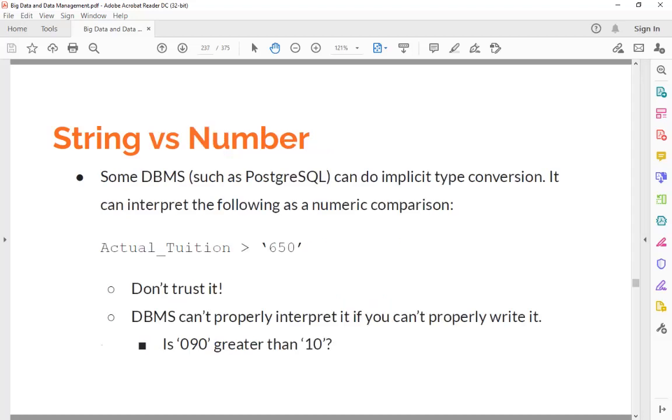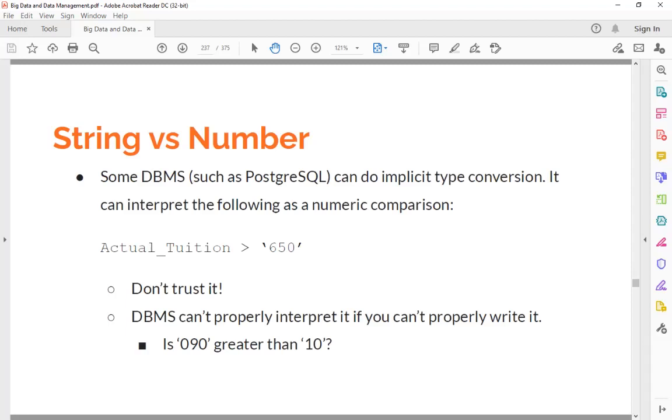Now, some DBMS can do implicit type conversion. So it can interpret the following as a numeric comparison, such as actual tuition greater than 650, but this 650 is actually a text. It's a string.